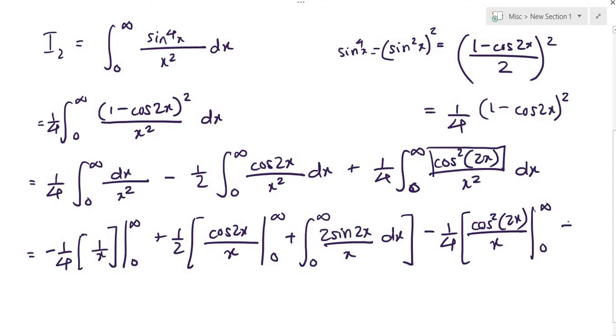If you remember, the derivative of the numerator had a negative, so this will become a positive, of the integral from 0 to infinity of 2 times sine of 4x divided by x dx.